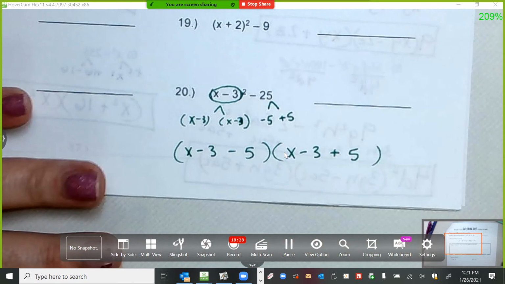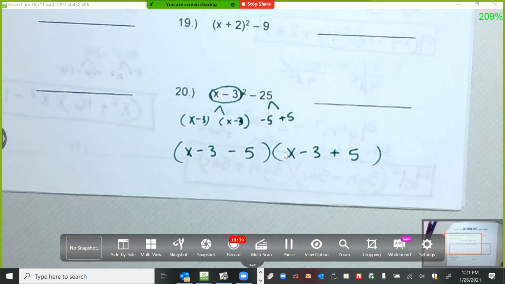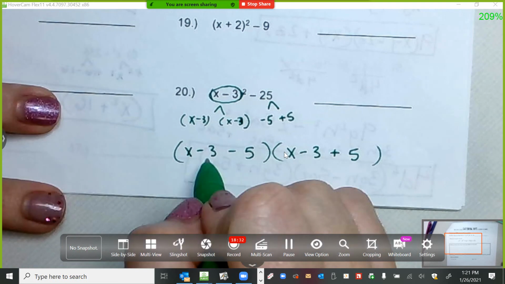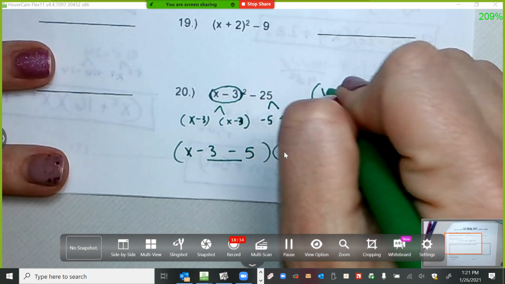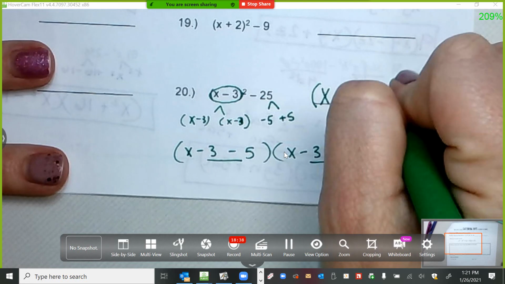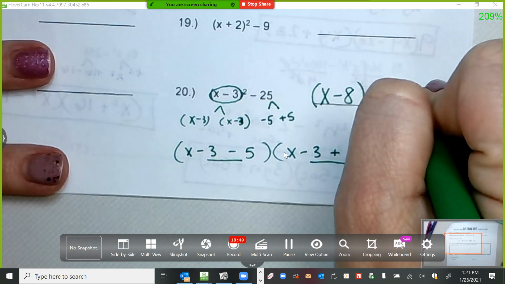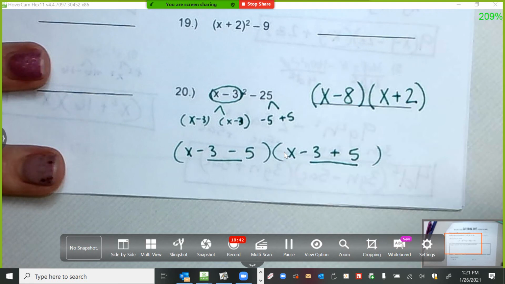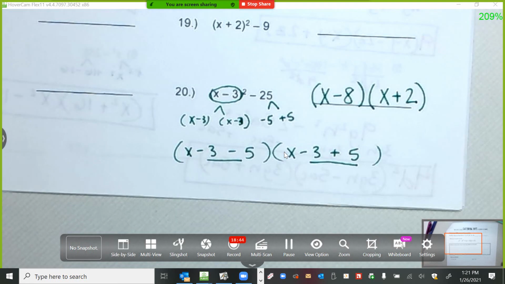Can I simplify those? Yeah. What's negative 3 minus 5? And what's negative 3 plus 5? There's your answer. So don't let those throw you off. Okay?